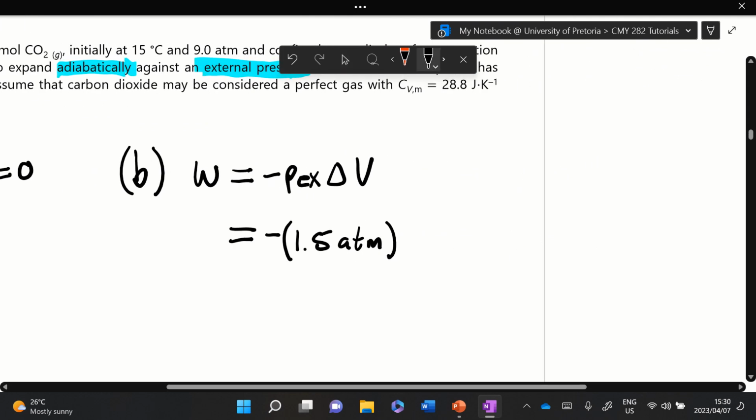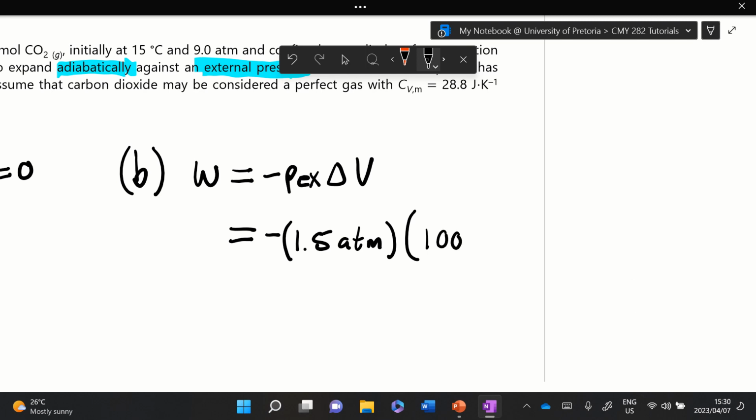1.5 atmosphere. Then the volume is 100 centimeters squared times the height it is moving up, so that's 15 centimeter. Anyway, we'll convert that into liter.